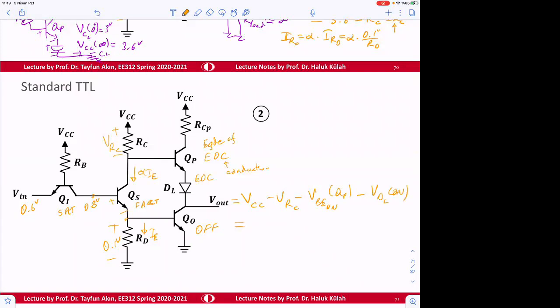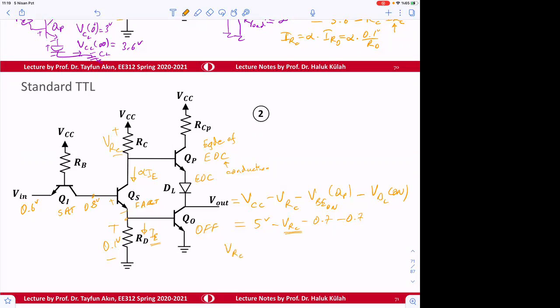Therefore this will be 5 volt minus VRC minus 0.7 minus 0.7. So this VRC in fact depends on the current here, which depends on the input voltage.